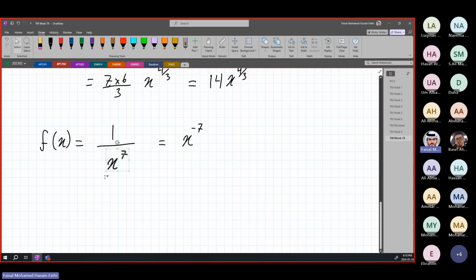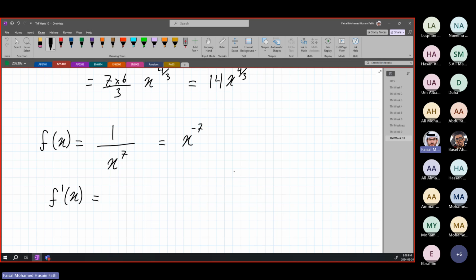So remember, you can always move the x upwards as long as you put a minus sign here. Now, this is a simple form. So you can do f prime of x, which is the differentiation, of x to the power of minus 7. Applying the rule, this is going to become minus 1, and the minus 7 with the sign, all of it is going outside over here.